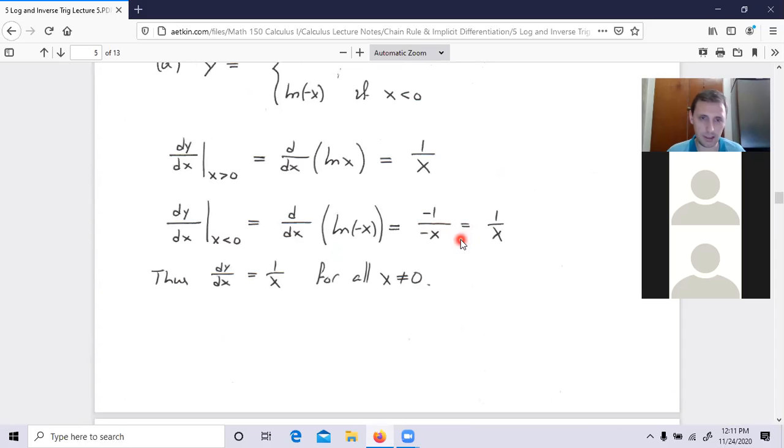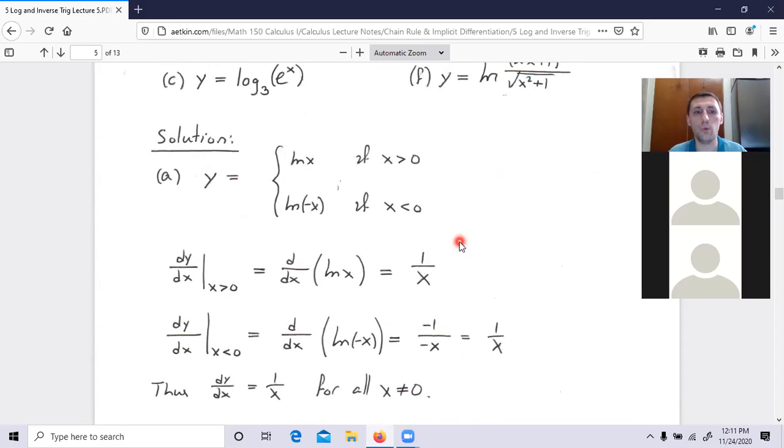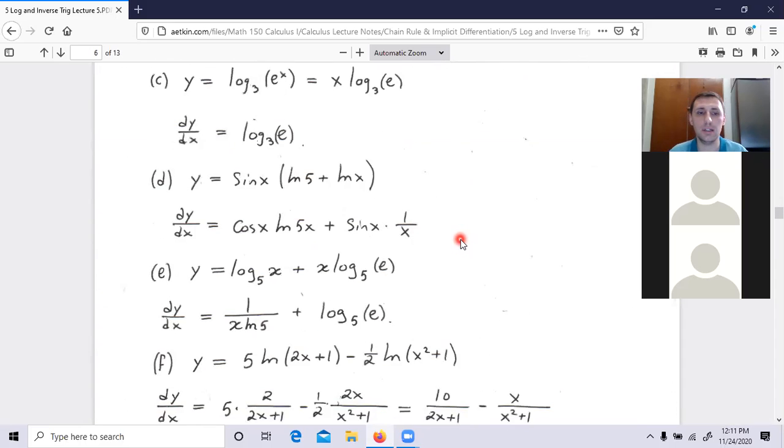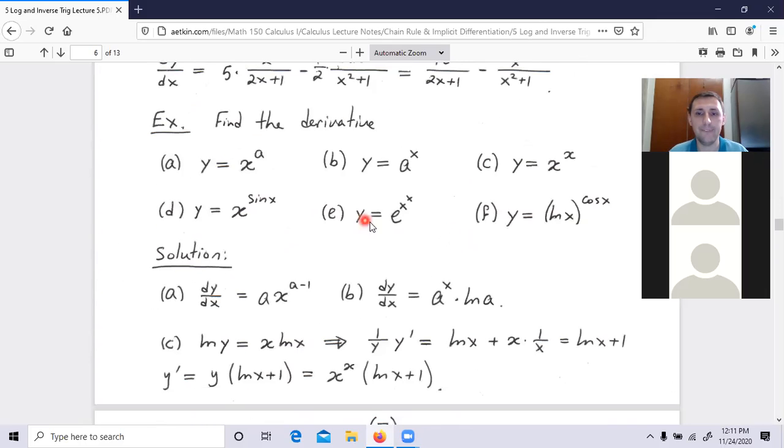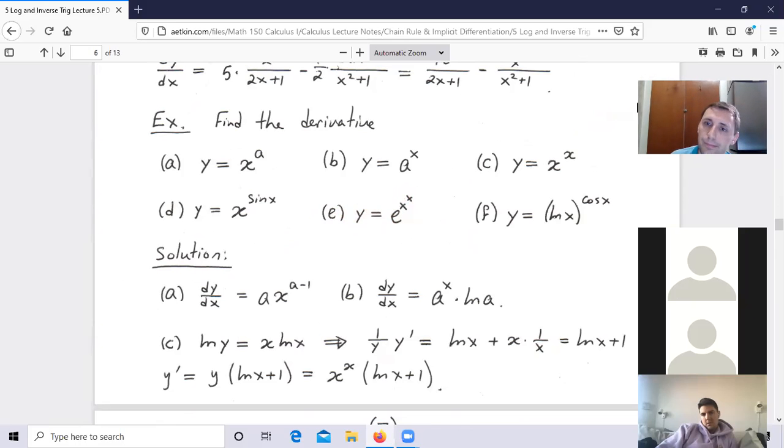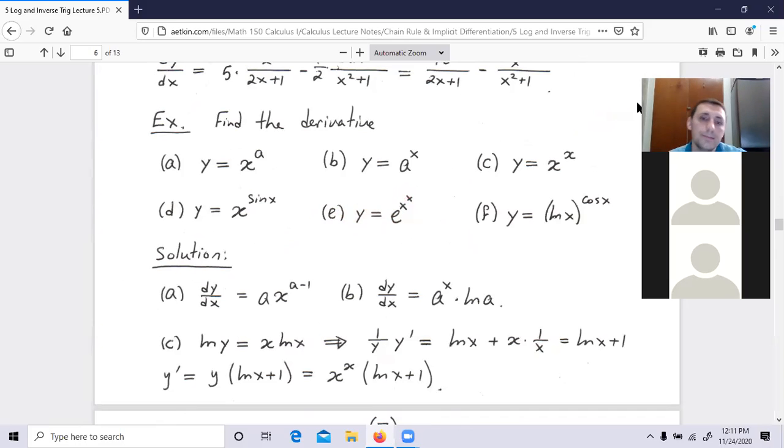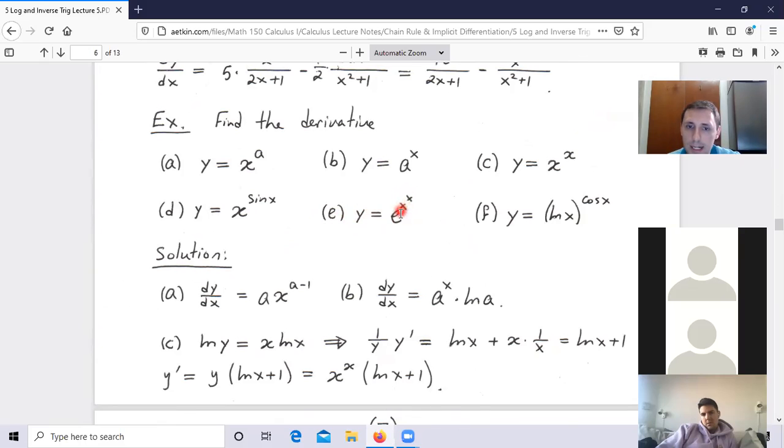Come on, guys. Now I want to know what is the derivative of E. Can you take the derivative of E? It's e to the power of x to the power of x. Can you take the derivative of that, please? E to the x to the x, you see? So it's e to the power of x to the power of x.